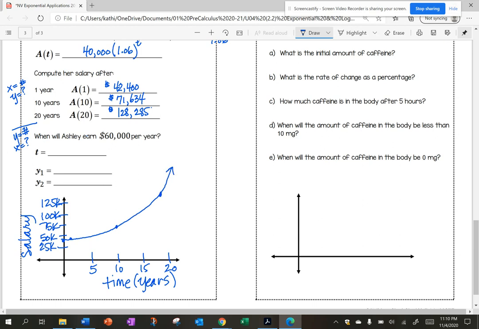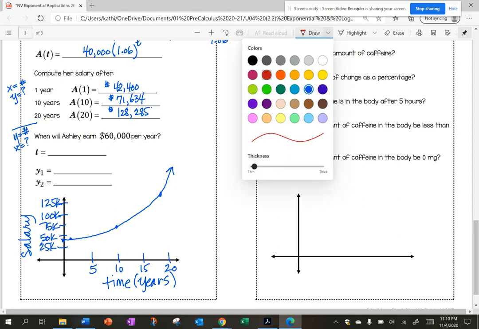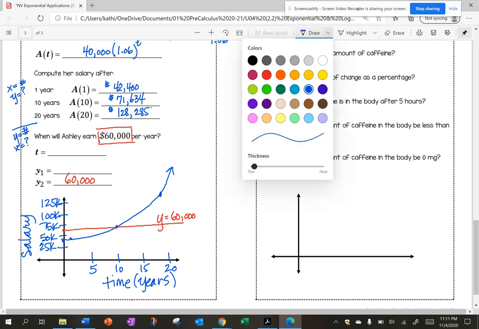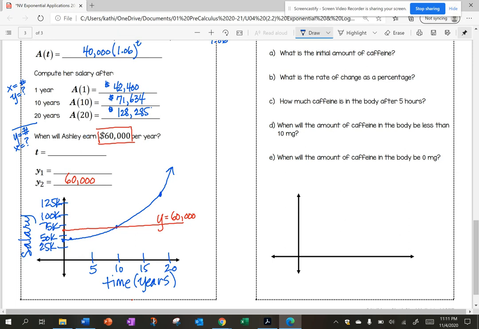And the question's asking me, how long will it take to be earning 60,000? So 60,000 is about here. So I have a horizontal line here. I'm going to put my original equation in y1 and my second equation, a horizontal line, in y2. It doesn't matter actually which one I put in which.